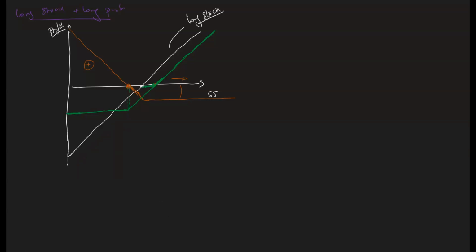So overall, our profit and loss on this strategy is going to be that green line. So this is going to be our long stock plus long put, and that gives us a protective put strategy.